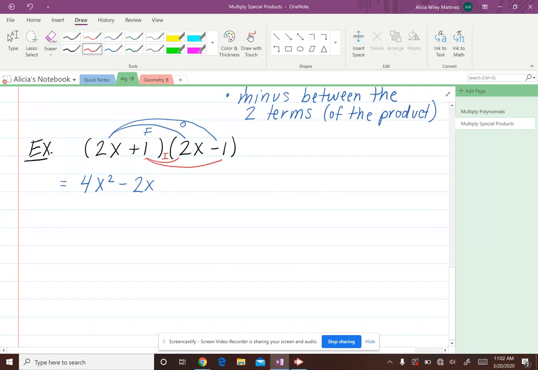These are the inside terms of FOIL. 1 times 2x is 2x. And finally, the last terms: 1 times -1. Pay attention to your signs. You get -1. We can see that our like terms, -2x and 2x, cancel out to 0. You do not need to write 0x because it's just 0. So we combine to get 4x squared minus 1, because there's nothing to combine with the squared term or with this constant. This is what we end up with.